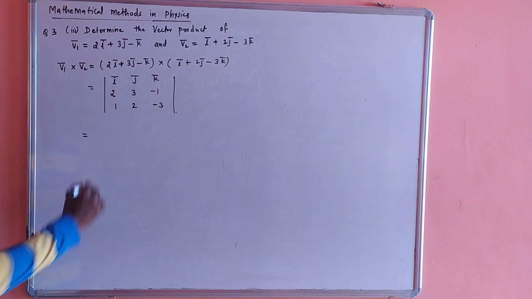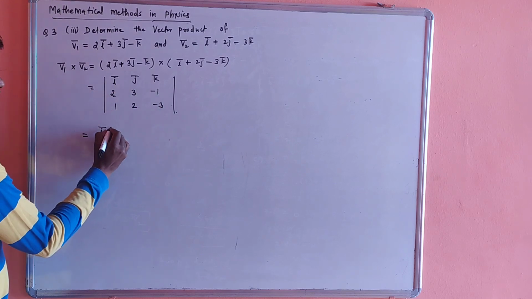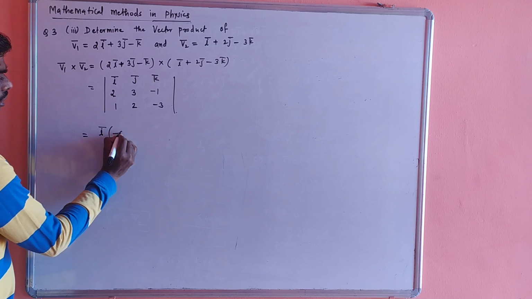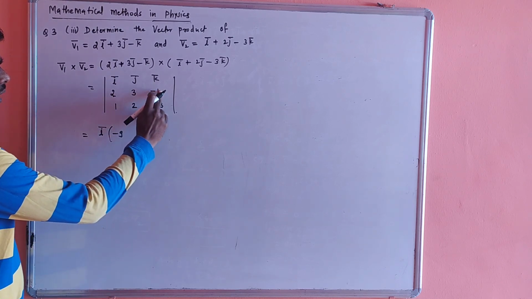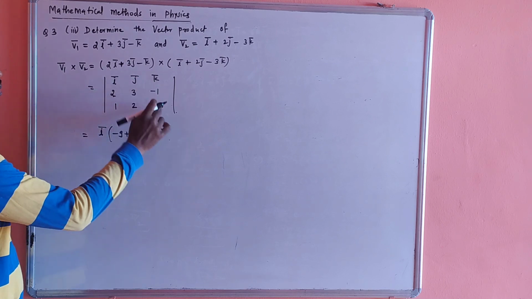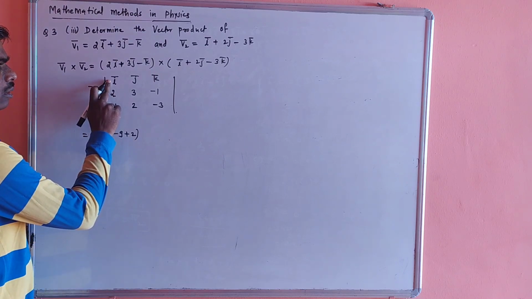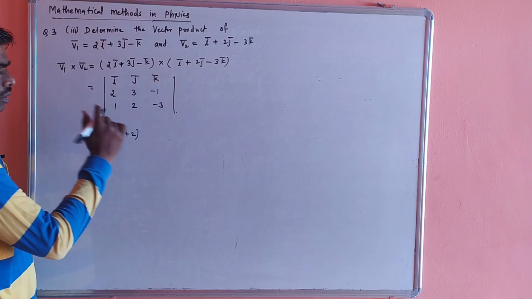We can solve this. i, taking cross product, 3 into minus 3, it becomes minus 9. Then 2 into minus 1, minus 2, that is minus of minus 2, it becomes plus 2. Then first term plus, then second term minus, and third term is again plus.